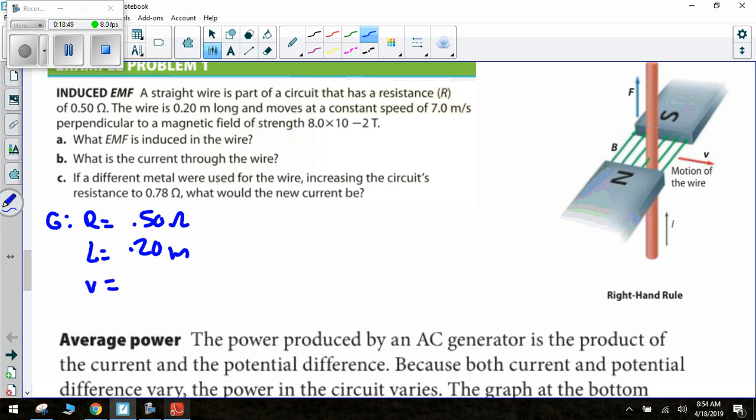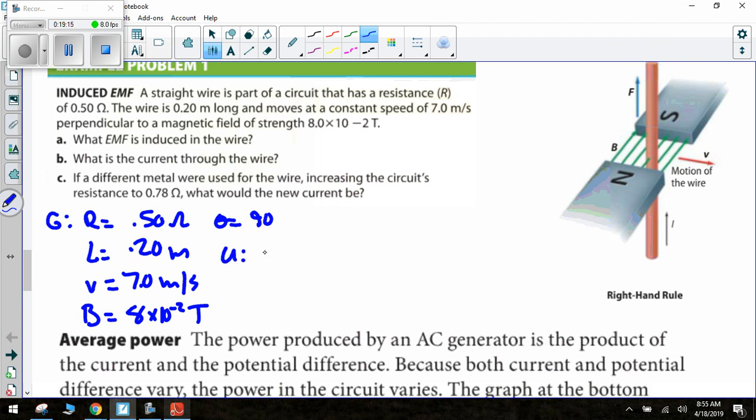The velocity is 7.0 meters per second. The magnetic field is equal to 8 times 10 to the negative 2 Teslas. Theta is going to be 90, because it said perpendicular.